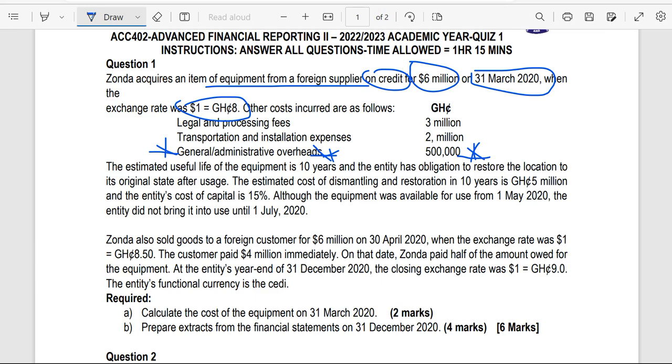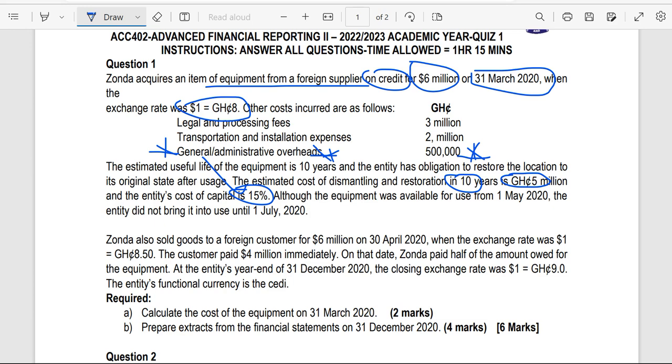And so here we have the estimated cost of dismantling and restoration of 5 million and the cost of capital of 15%. And remember, it is for 10 years. So you have to present value the 5 million at the discount rate of 15% and add it to the cost of the item.